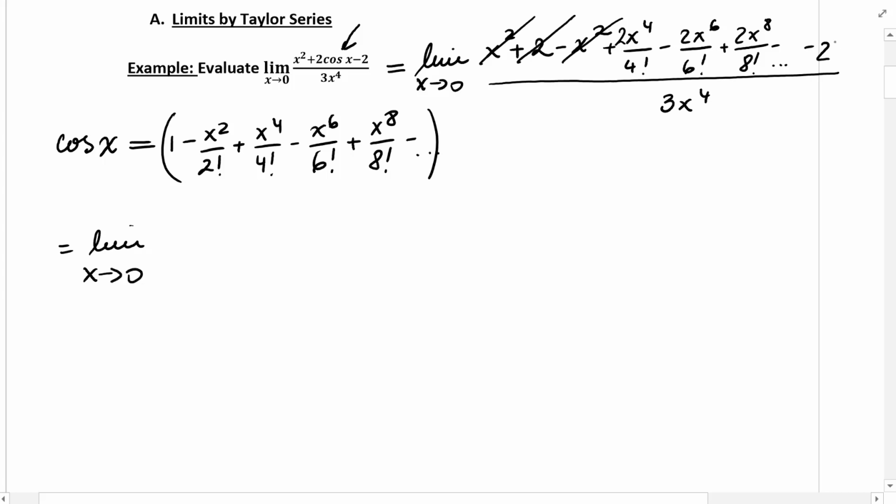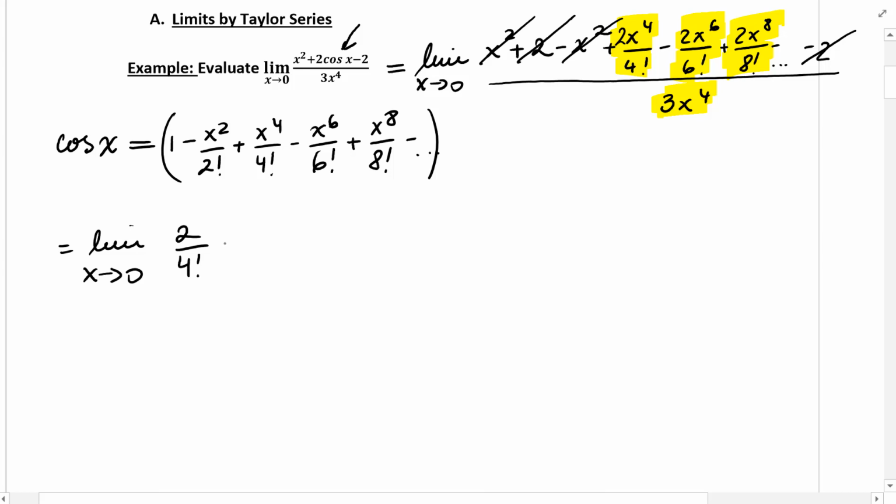And we can write limit as x is approaching 0. The 2 cancels with these, and we can separate each of them, or we can divide each of these terms by x to the 4th. So the first term is 2 over 4 factorial times 3, x to the 4th over x to the 4th.